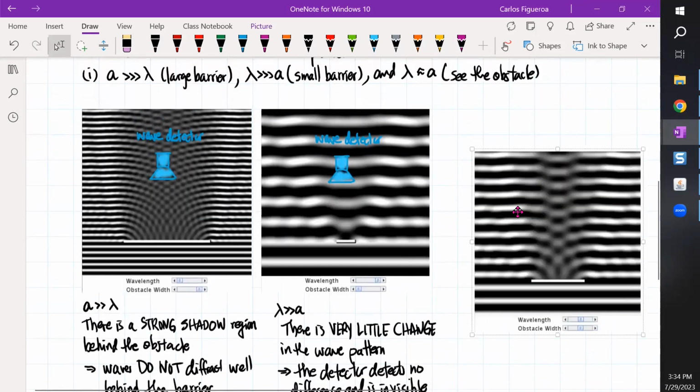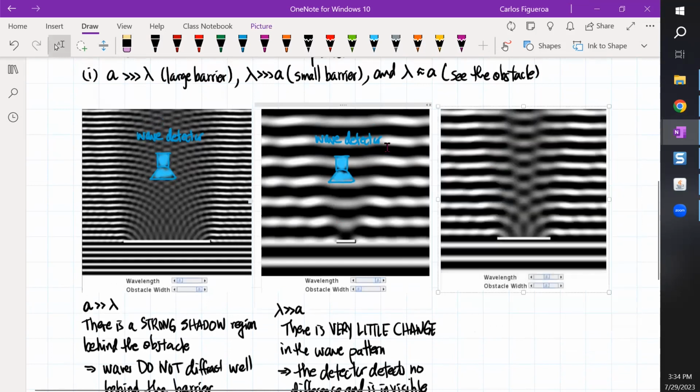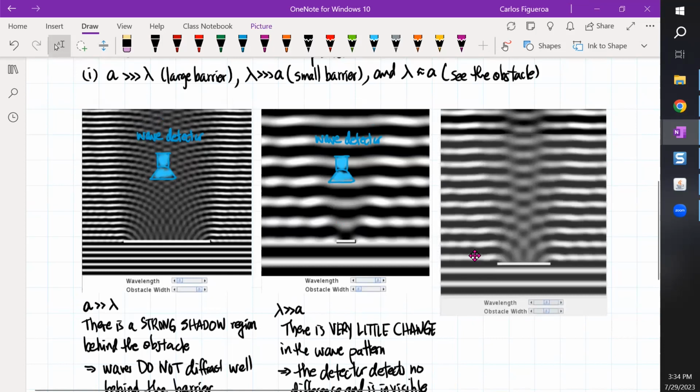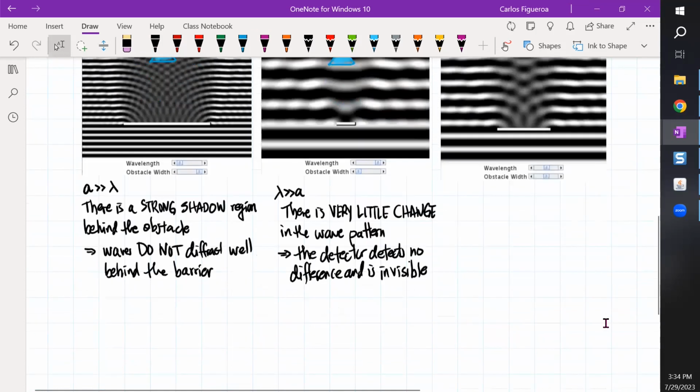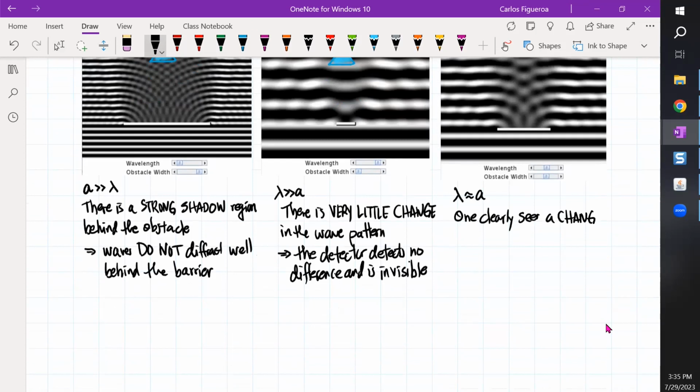And then finally, we have ones where we're setting them comparable to each other. So in this case, let me bring this guy down a little bit more. We're seeing here that the wavelength is comparable to A. And what we see here is that one clearly sees a change in the wave pattern.